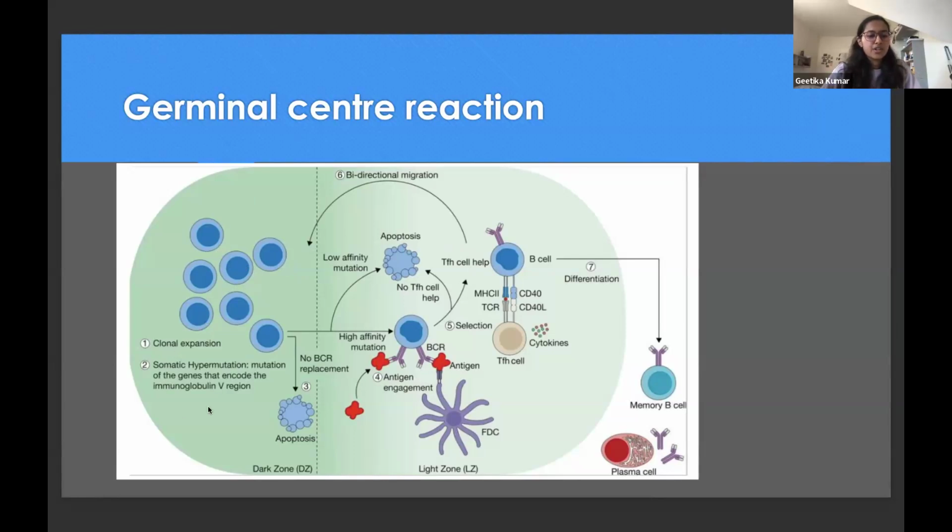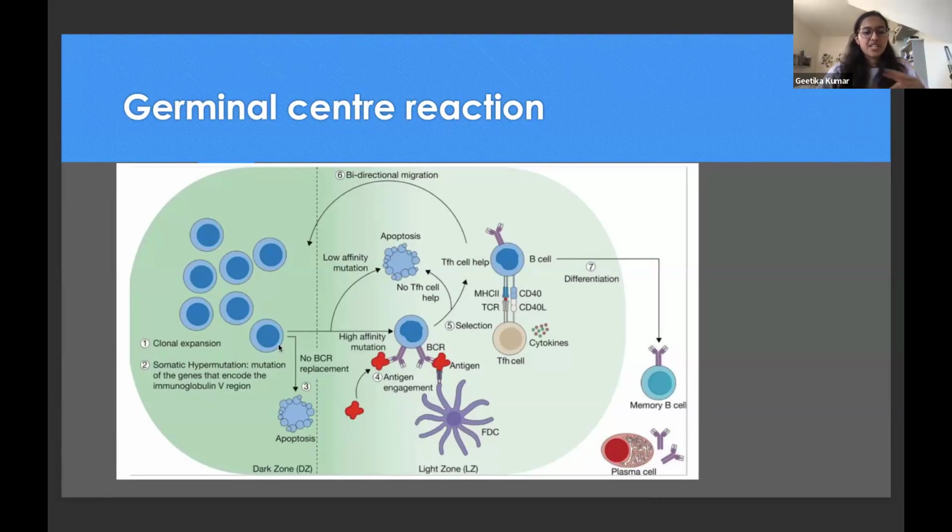This process is called somatic hypermutation because you're getting more mutation than you normally would when the cells are dividing. That results in more BCR and immunoglobulin variability. The end goal of this is to get antibodies that are more selective and have higher affinity to the antigen that the B cell is specific for.